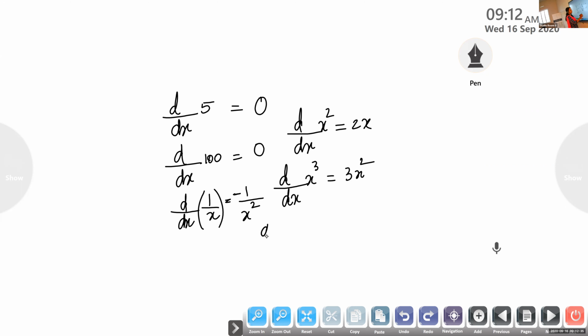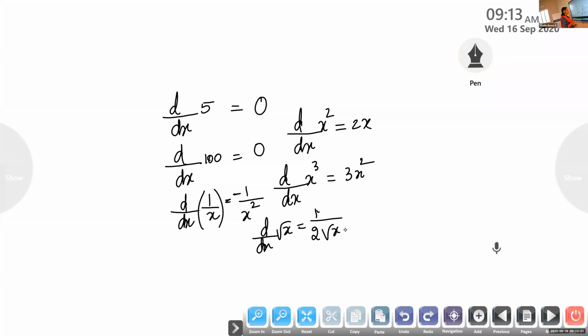What is the derivative of root x? Gauri? 1 by 2 root x. And derivative of constant is 0.